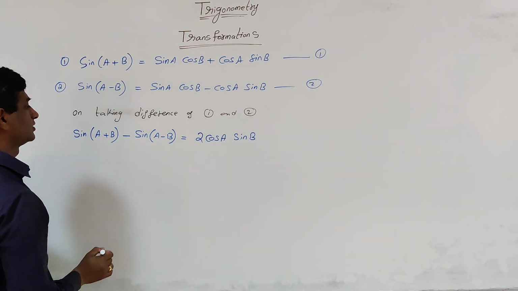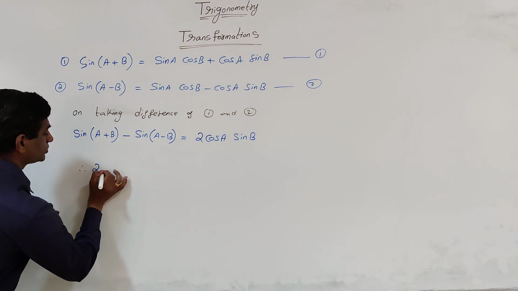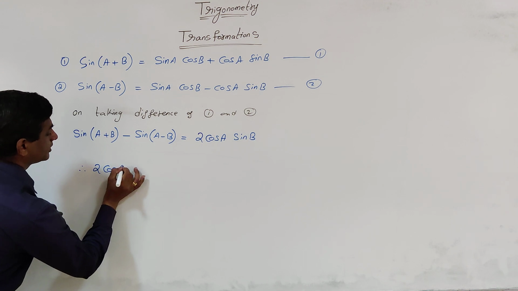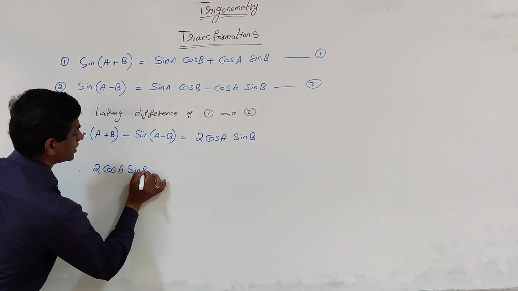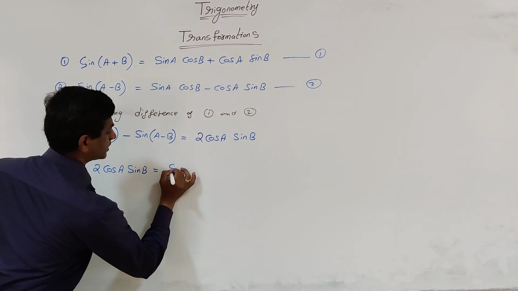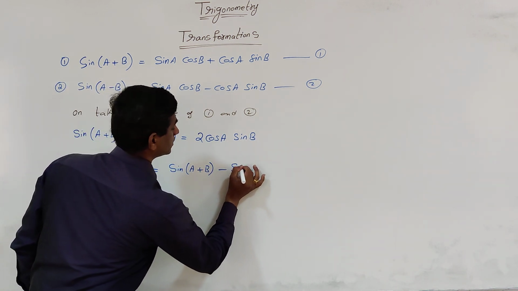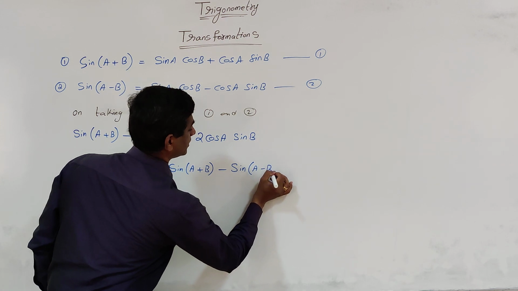If we rewrite, therefore 2 cos a sin b will be sin of a plus b minus sin of a minus b.